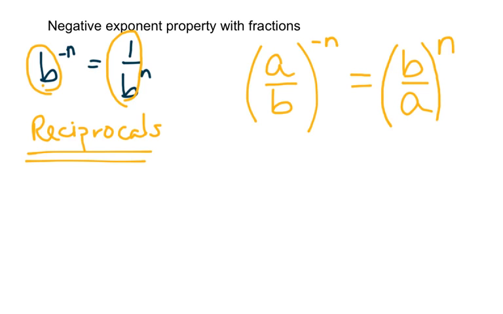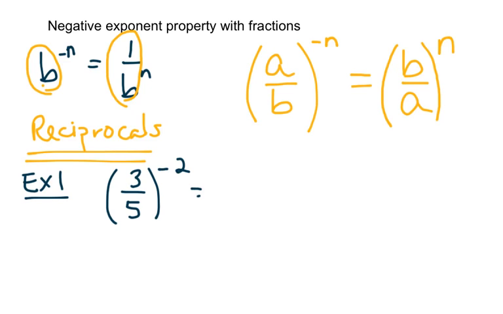Let's do a couple of examples with that. So example 1, if we have 3/5 to the negative 2 power, I'm going to take the reciprocal of that. Since it's a negative exponent, it'll be 5 over 3 to the positive 2.